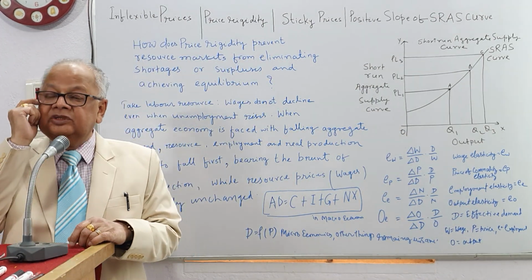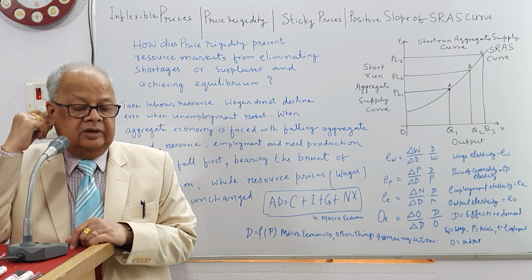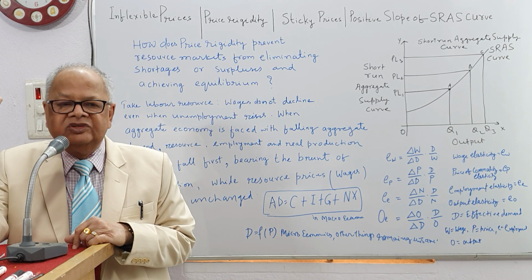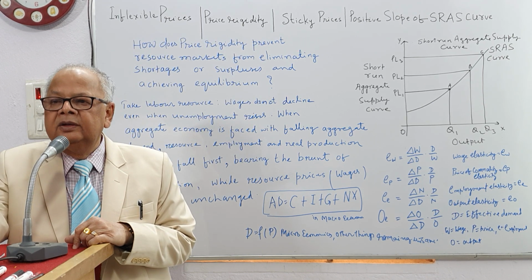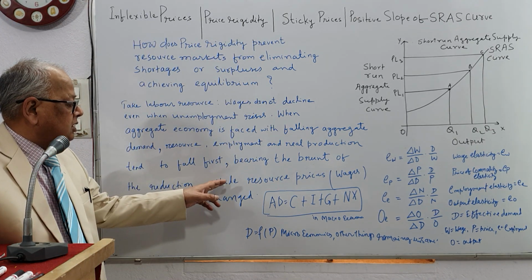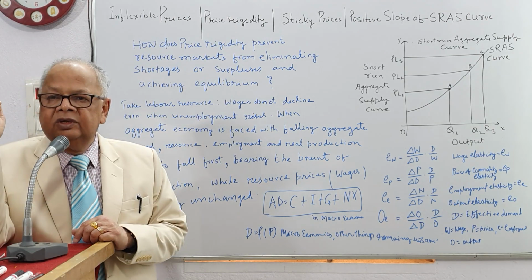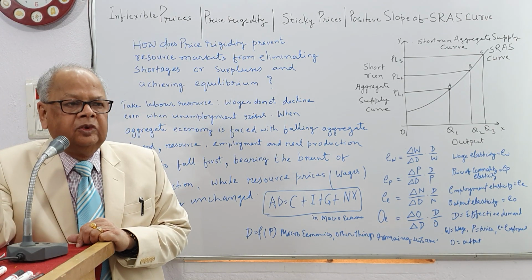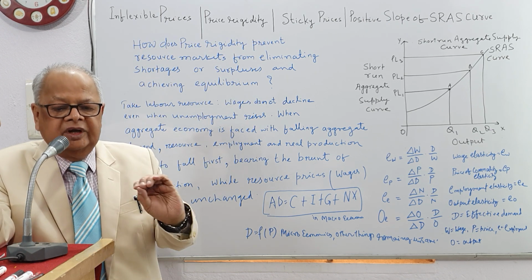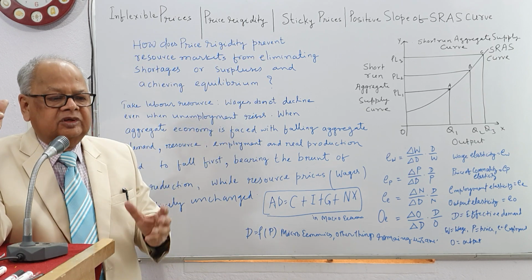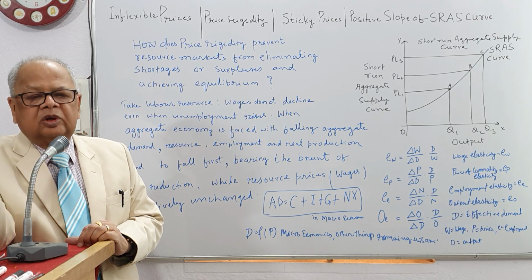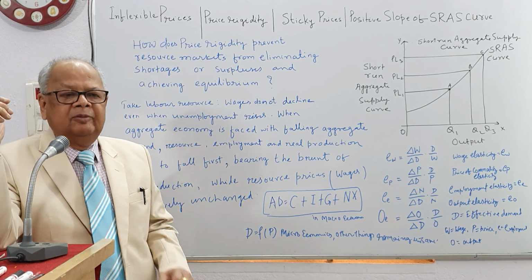Most frequently we take CPI, the Consumer Price Index number, reflecting the aggregate economy price level. And therefore it is said that it is due to this resource price, taking the example of wages, that price rigidity plays an important role in slowing down the adjustment of demand and supply and reaching the point of full employment equilibrium.